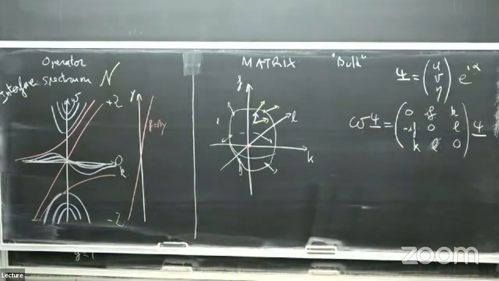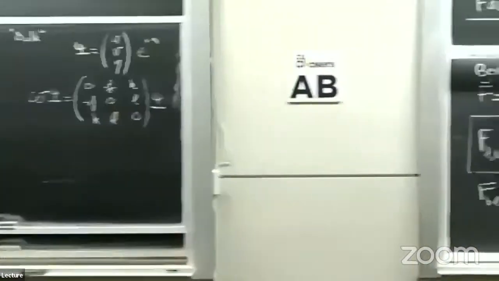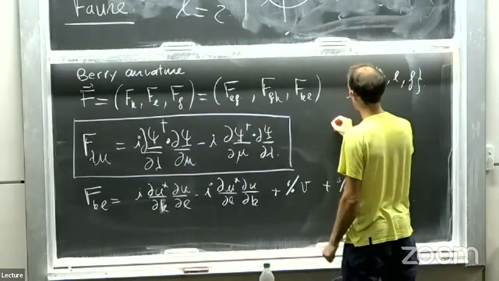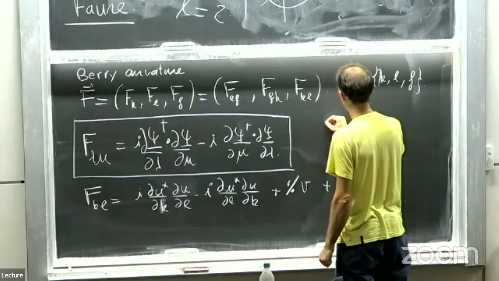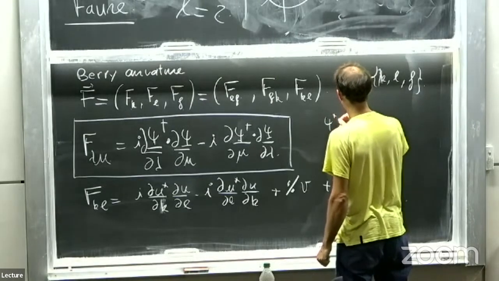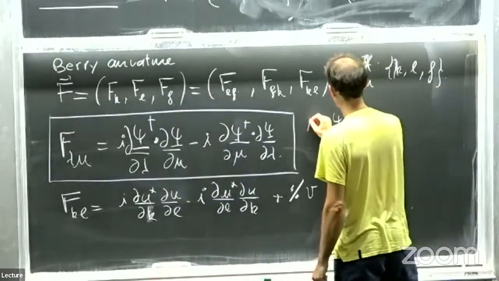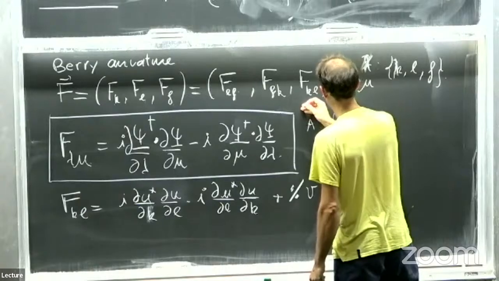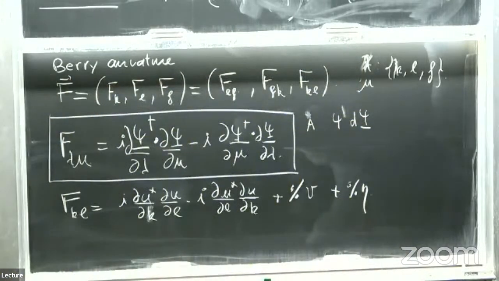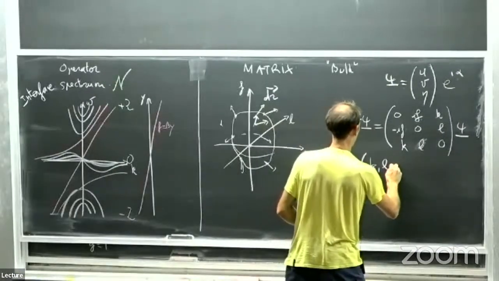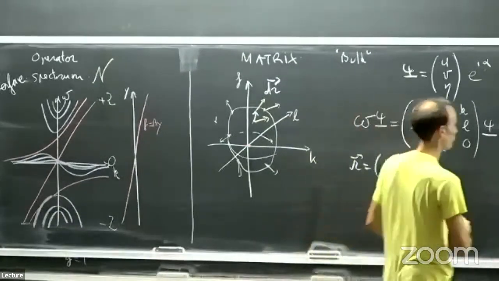A way to do this is just to project the variation of your vector field psi. I will call this dr, with r a vector given by k, l, and f.